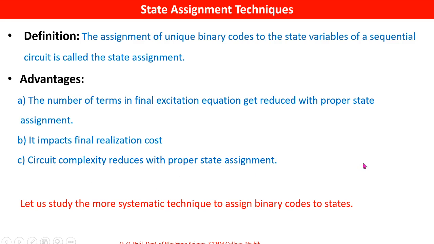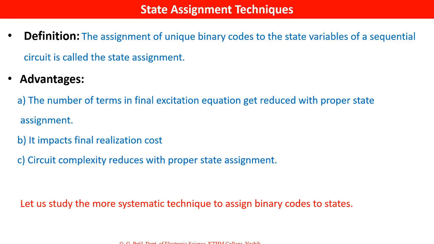So these are the advantages of a state assignment, in which the number of terms in the final excitation equation get reduced. Since the number of terms get reduced, the number of components required for implementation of that sequential circuit get reduced.